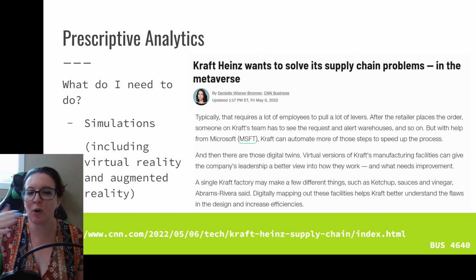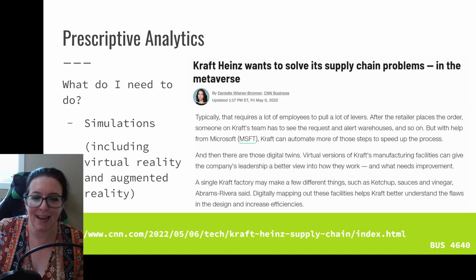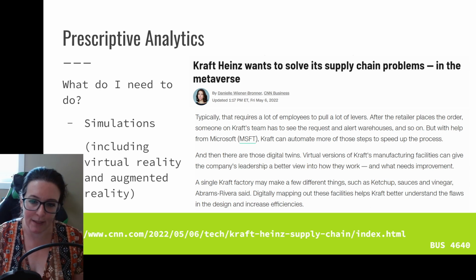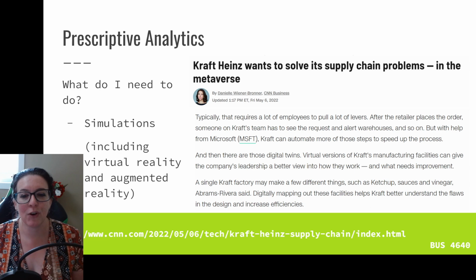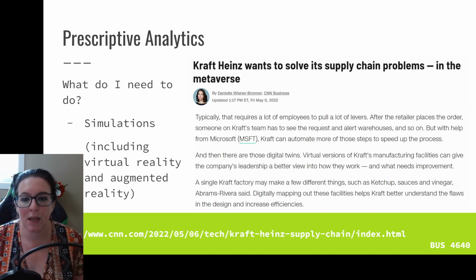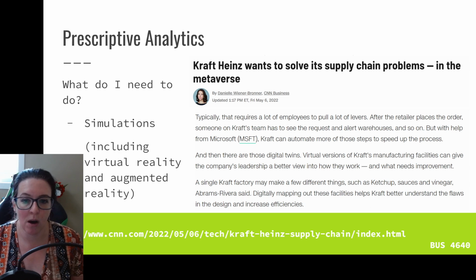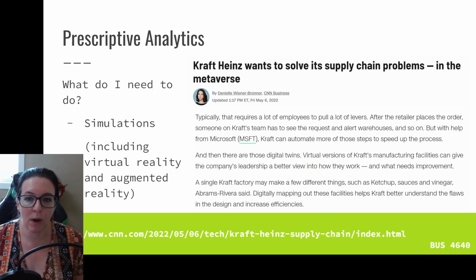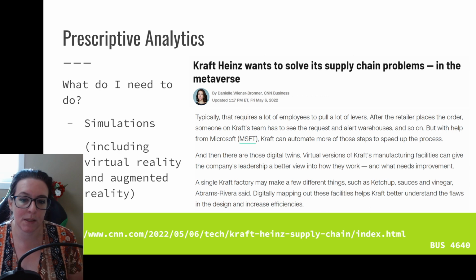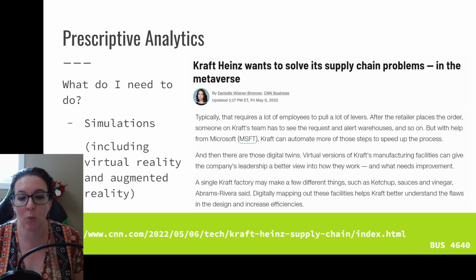So you see the real world, but you're adding to it additional things that aren't really there. That's augmented. And virtual reality is where it's entirely fabricated. But we can use the virtual reality or the augmented reality to run through scenarios, create simulations to see if we change this, if we do this, then what will happen.